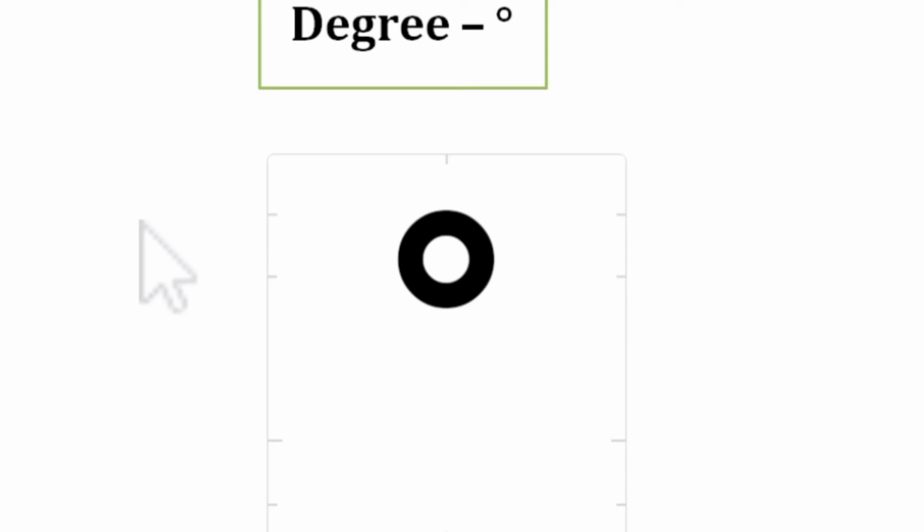And you can see this small circle is written over the digit, and that represents the degree, the space between two lines.